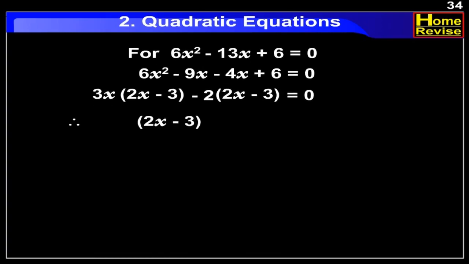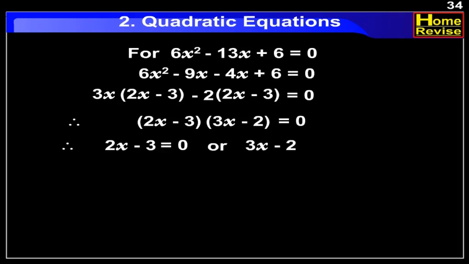Therefore, (2x − 3)(3x − 2) = 0. Therefore, 2x − 3 = 0, or 3x − 2 = 0.